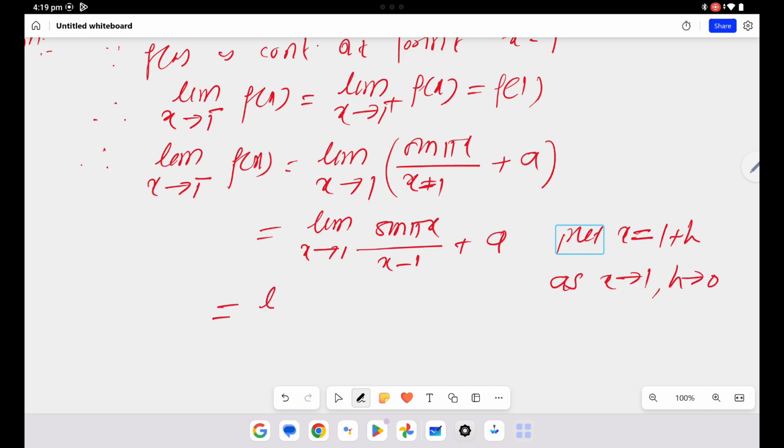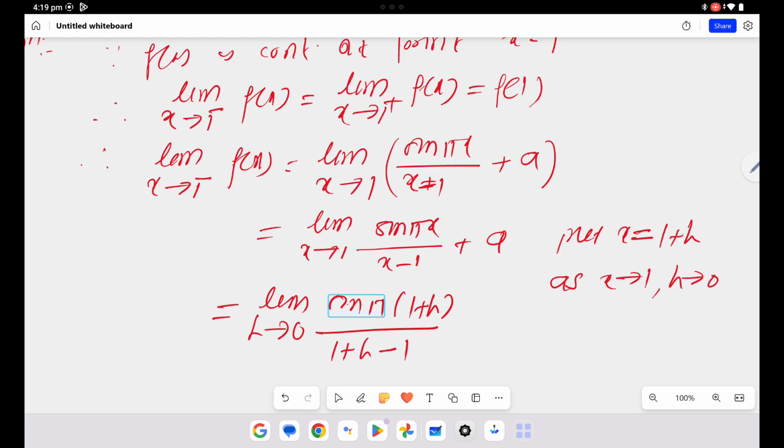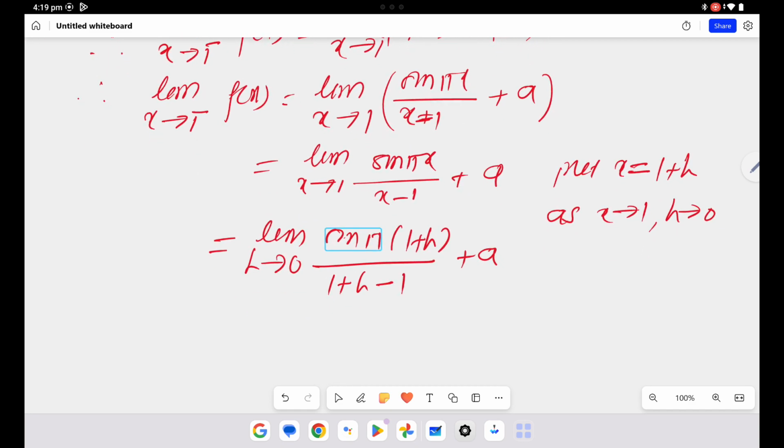So this is equal to the limit as h tends to 0 of sin pi x, but x is 1 plus h, upon 1 plus h minus 1, plus the constant a. This is equal to the limit as h tends to 0 of sin of pi plus pi h upon h, where the 1 gets cancelled, plus a.